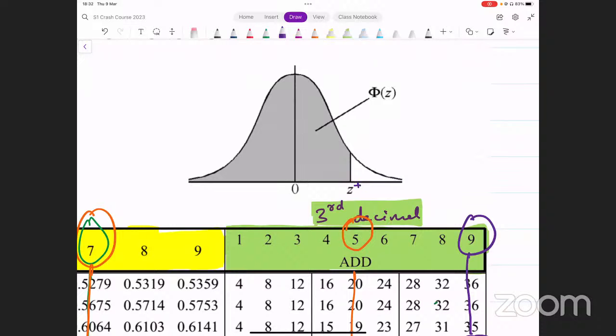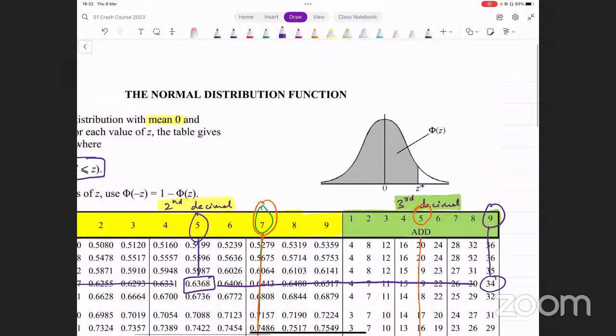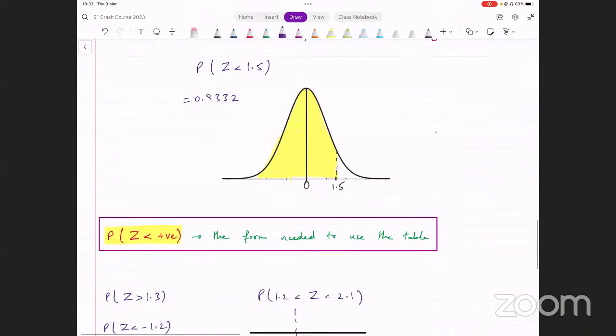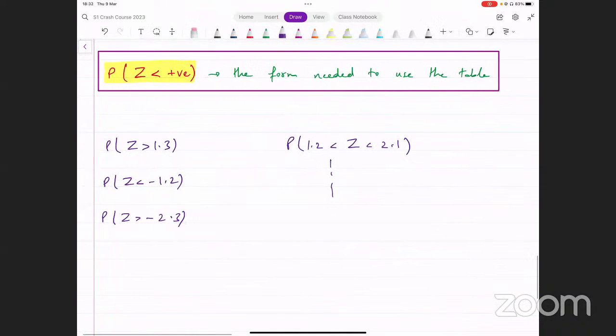To be able to use the table, you need a form that looks like this: probability of z less than a positive number. This is the form that is required to use the table. If you don't have this form, then you can't use the table. So if you have something else, you have to convert it to this form first of all.